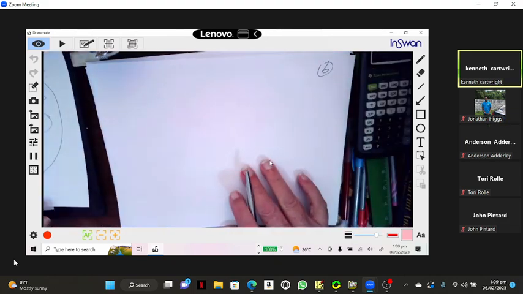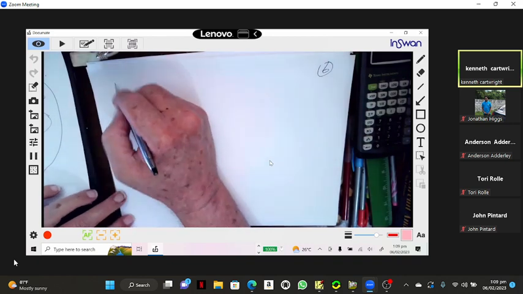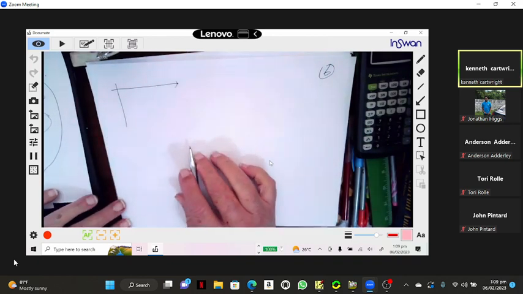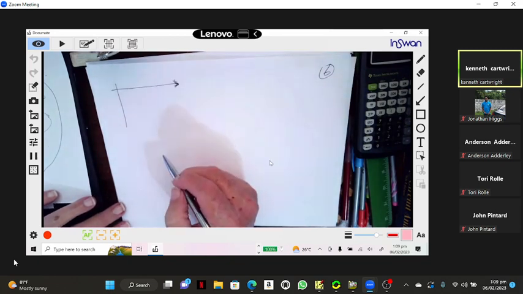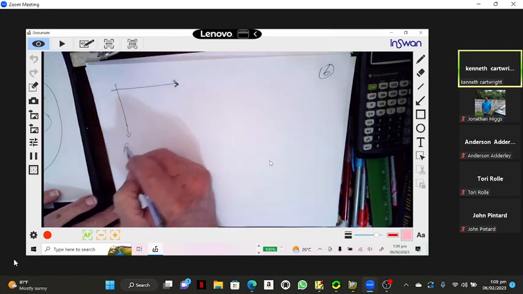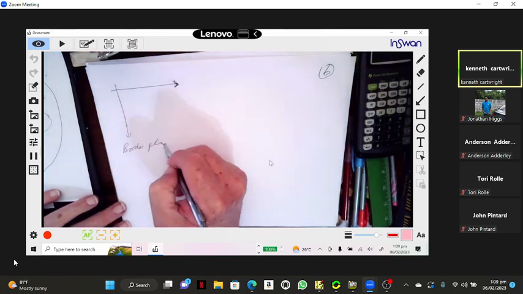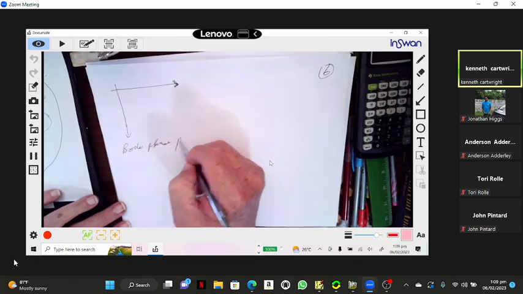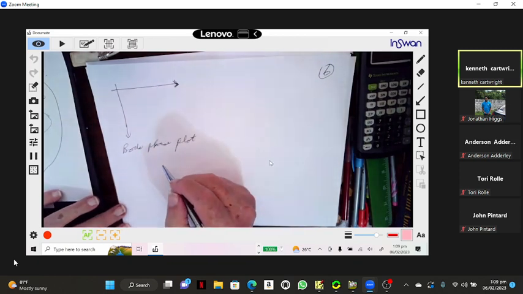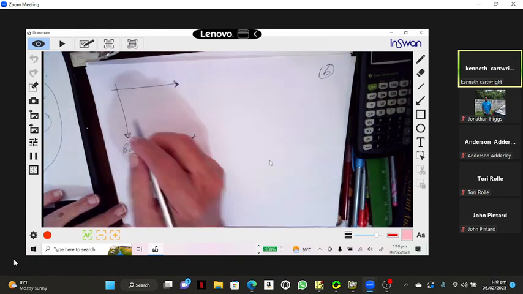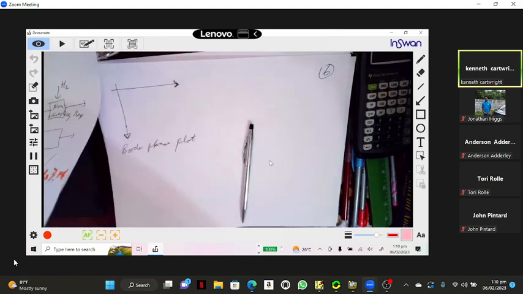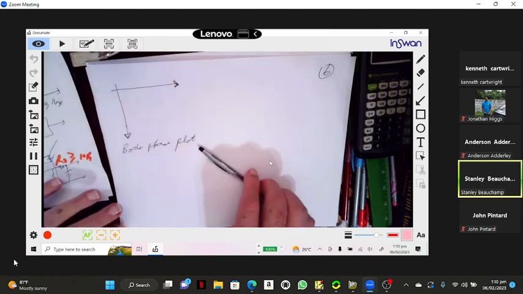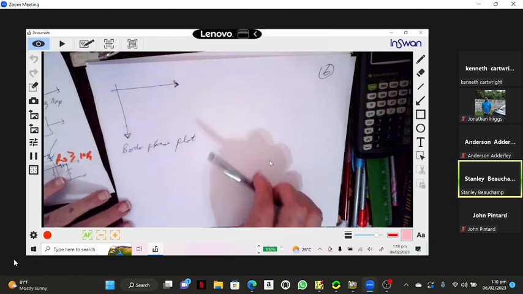So what does the phase of a low pass filter look like on a Bode plot? It starts declining, going from left to right.